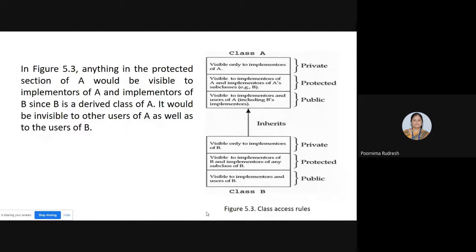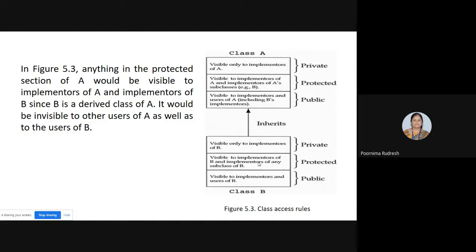Then we'll see this with this diagram. So how the data can be inherited, or what the class access rules are. See here in this figure, anything in the protected section of A would be visible to the implementers of A and implementers of B.